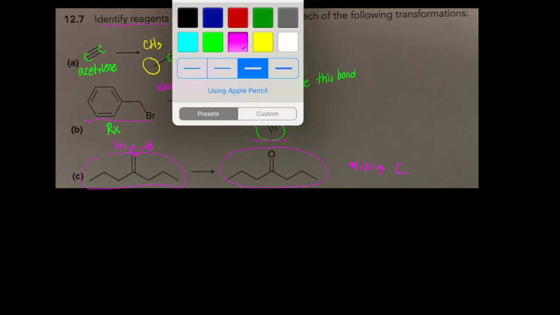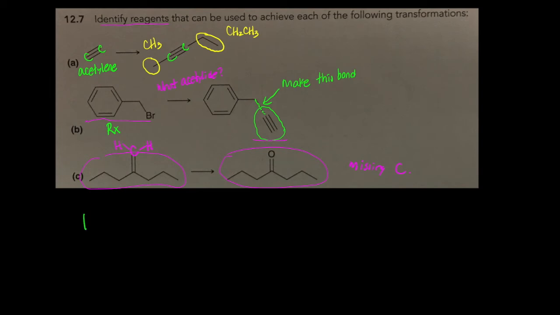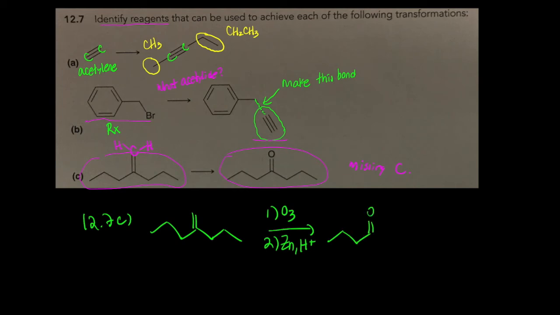Now recall, I'll just do 12.7c here on the bottom, that you can do ozonolysis on alkenes. And technically this is a one-step kind of thing, because you definitely don't want to isolate the intermediates here. But here you'll make the ketone and formaldehyde, which goes in the trash can.